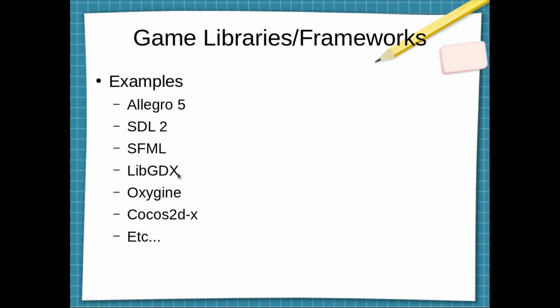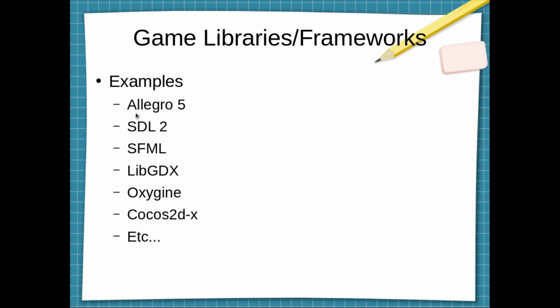Some people regard libgdx as a game engine, but it's not a game engine. It's just a game framework, or a library, whatever you want to call it. Oxygen is also a good one, Cocos2dx too, and there are lots of other good libraries I didn't list here. You should probably go check them out online by searching for game libraries or frameworks, and you'll find lots of examples.